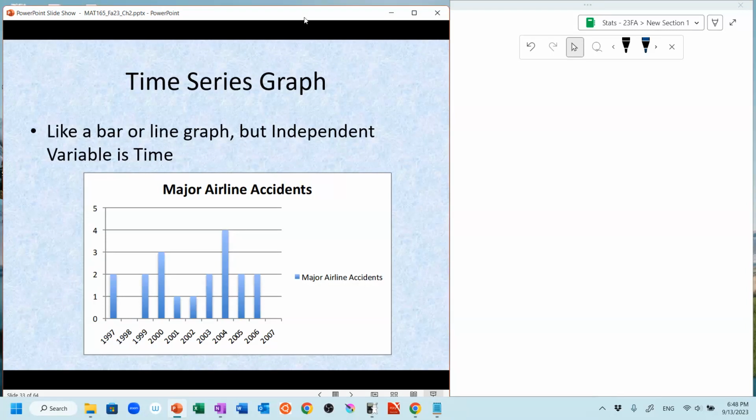So technically that US population change picture with the red and blue coloring was really a time series graph, but I was using it to make the demonstrative point about histograms. But in this case, for each year, we have counted the number of airline accidents that year. So we have a frequency on the vertical axis, but time on the horizontal axis.